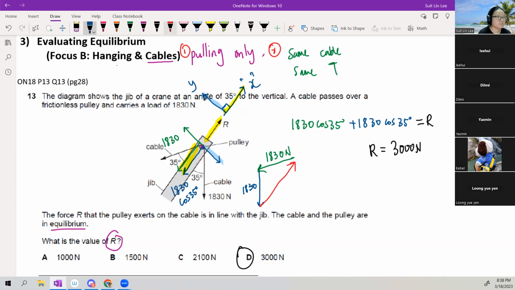So the angle between R pointing up and the cable here is 35. Isosceles triangle, this is 35. So if you're pretty good at solution of triangles, you can use that as well. But I generally prefer resolving because it's fewer steps.